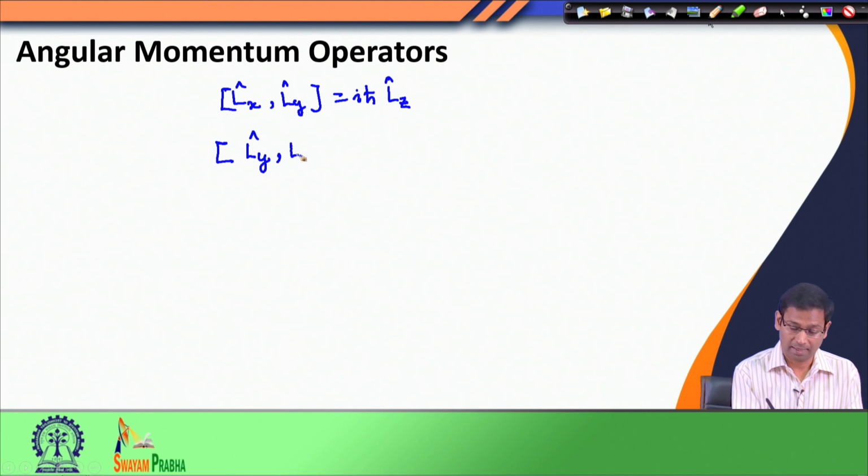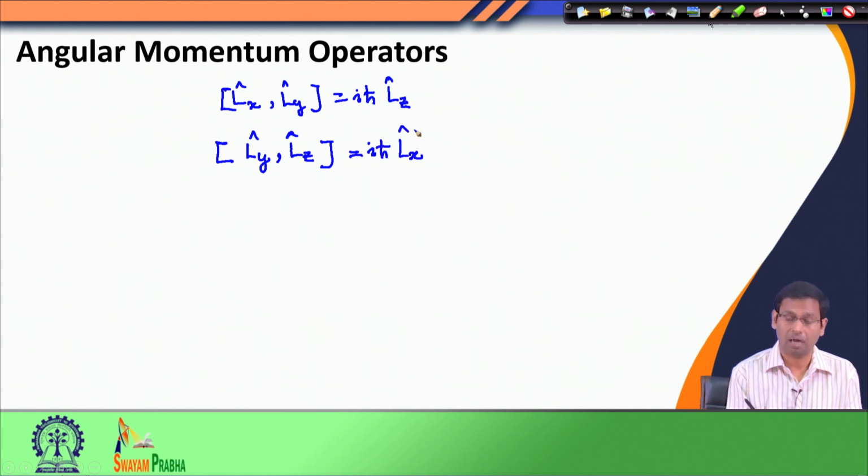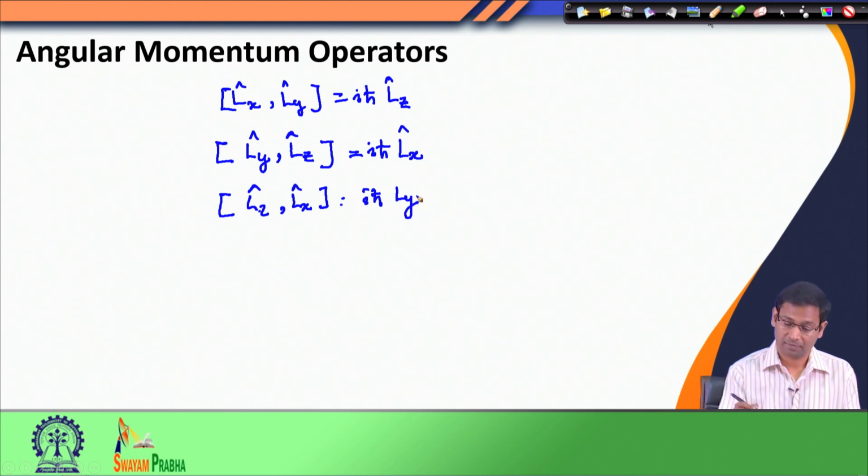For Ly and Lz, I would encourage you to do it for yourself, so that you can practice how to use the commutation relations, and similarly Lz and Lx, that is i h bar Ly.